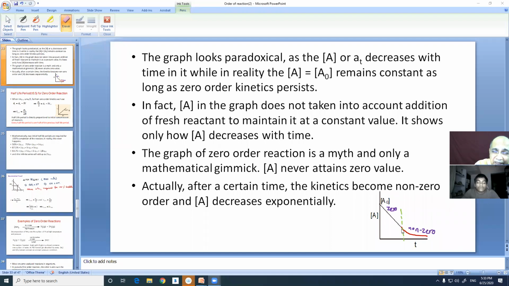If it doesn't expel the products, no new space is created, so there will be no reactant coming from outside, and the reactant concentration will decrease, and it will be first order or second order.